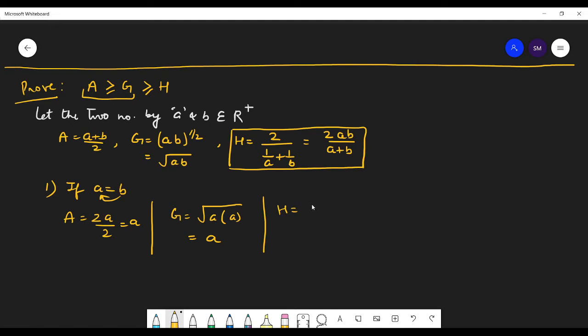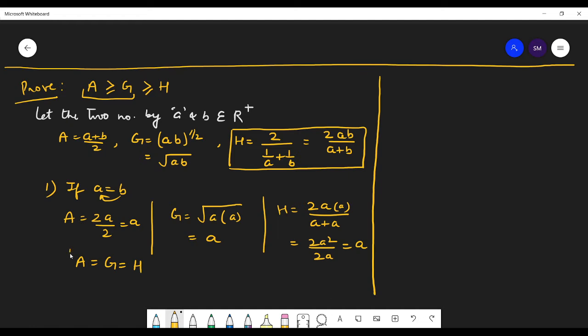Put B equal to A. 2A by 2, 2A square by 2A, that is A. So it means that if A equals B, then A is equal to G is equal to H. Agreed, students? Yes, sir. Now comes the second case, that A is not equal to B. Then what will happen?